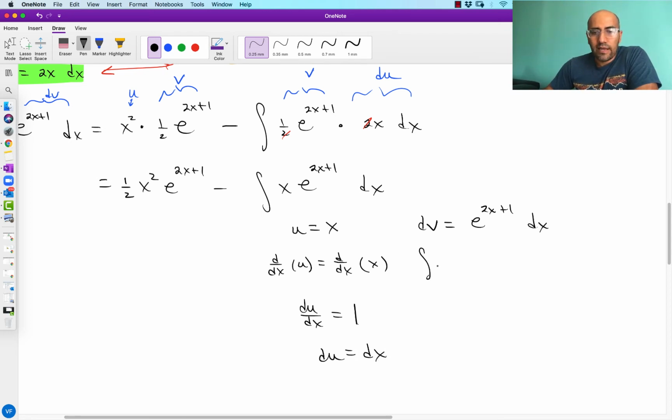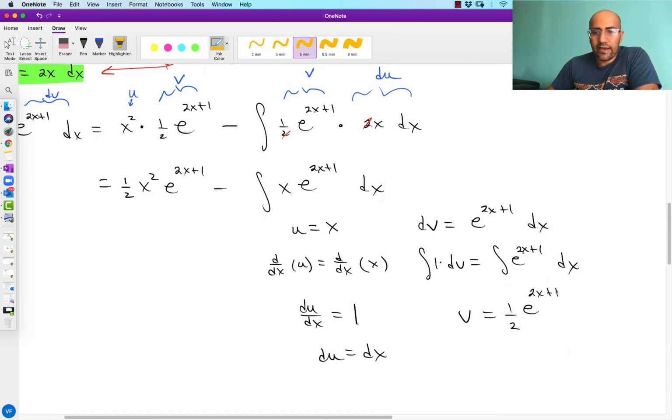And on the other side, when I integrate, 1 times dv equals the integral of e to the 2x plus 1 dx. This turns out to just be v equals, and this side we get the same answer as before, 1/2 e to the 2x plus 1, and we have to fix it by putting an extra 1/2 constant out in front.